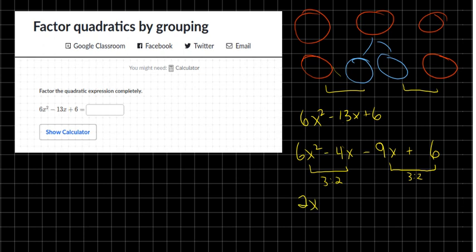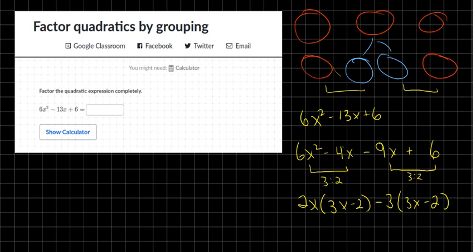I'm going to factor out 2x, and then I'll have 3x minus 2 left over. 2x times 3x is 6x, and 2x times negative 2 is negative 4x. And then I'm going to factor out 3 here, and then I'll have 3x minus 2 over here too.